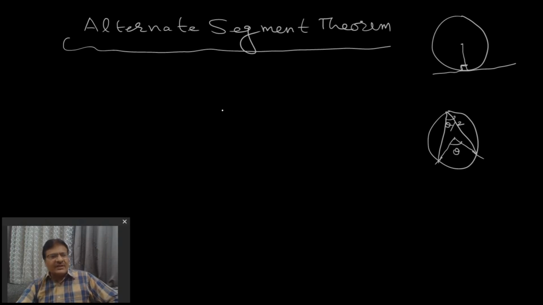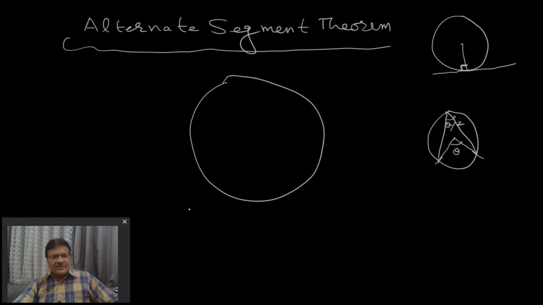This is again a very important theorem. So first of all, I am making this circle, and suppose this is the tangent, and this is a chord which divides the circle into two segments. This is the first segment and that complete one is the second segment.